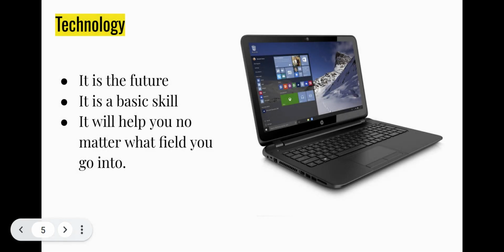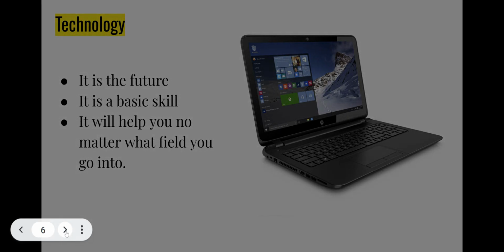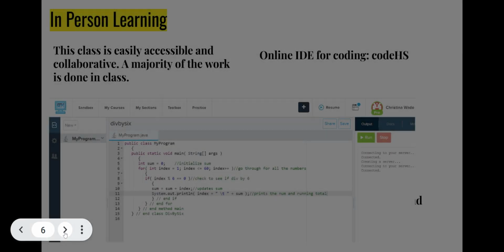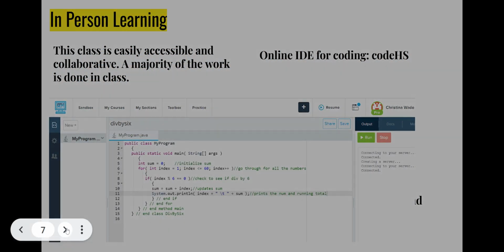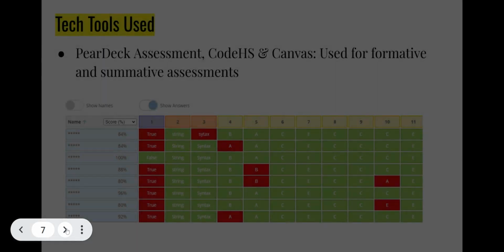In AP Computer Science, obviously, we use computers. The Chromebooks should work fine, and the integrated development environment that we use to code, which is referred to as an IDE, is CodeHS. That is used in both the AP and the Principles course.